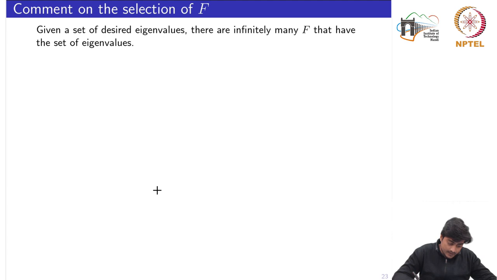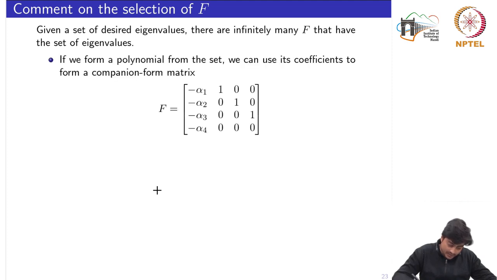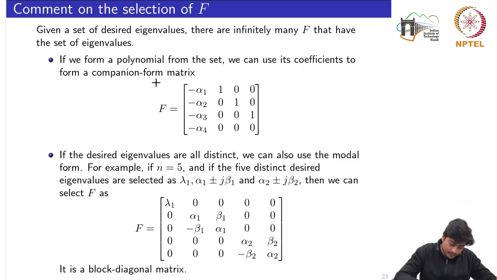Now commenting on the selection of F, given a set of desired eigenvalues, there are infinitely many F that have the set of the eigenvalues. So we can take two forms. The first form could be if we form a polynomial which we had seen earlier from the set, we can use its coefficients to form a companion form matrix, so that all the coefficients I can arrange in this way, where all these coefficients are of the F matrix.